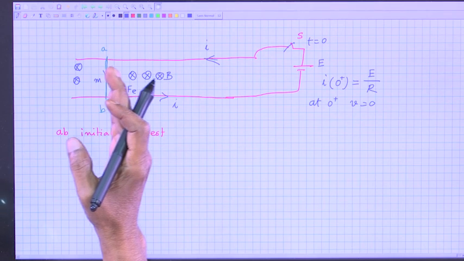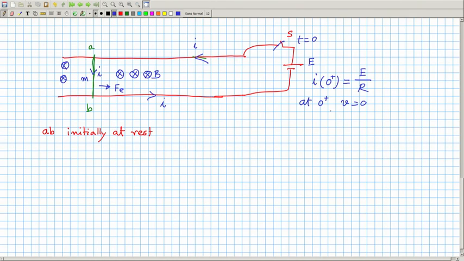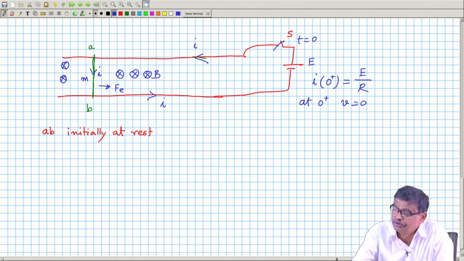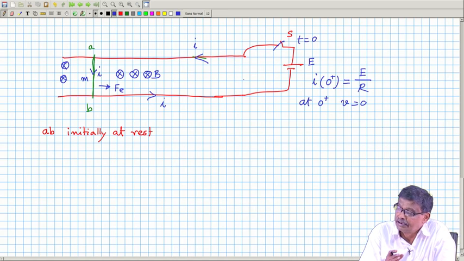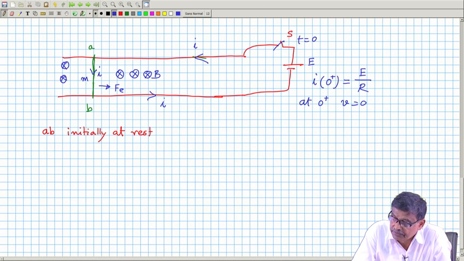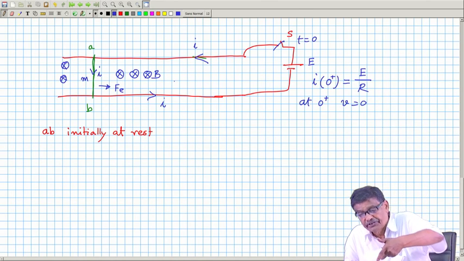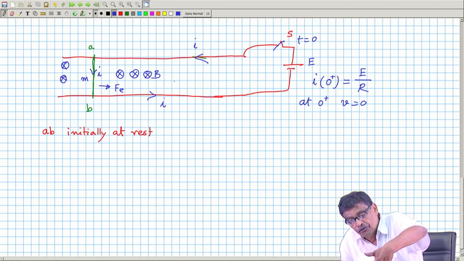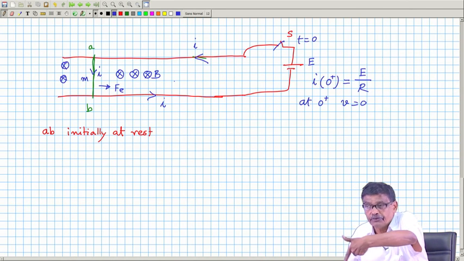Its velocity will now start increasing. Earlier it was 0, at t equal to 0 you closed the switch, then from t equal to 0 onwards the conductor will start moving, and the direction of the force is from left to right.